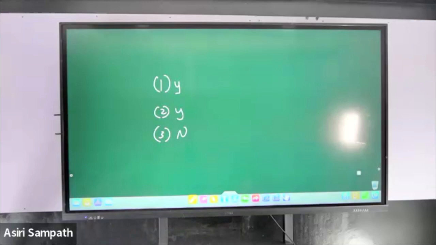We don't know whether assets or liabilities change, right? So answer no. Reason: there is no movement in assets or liabilities right now.